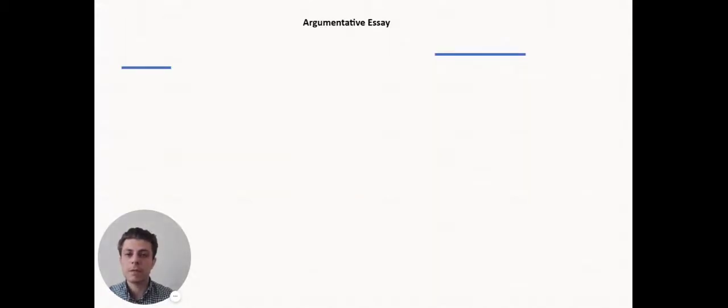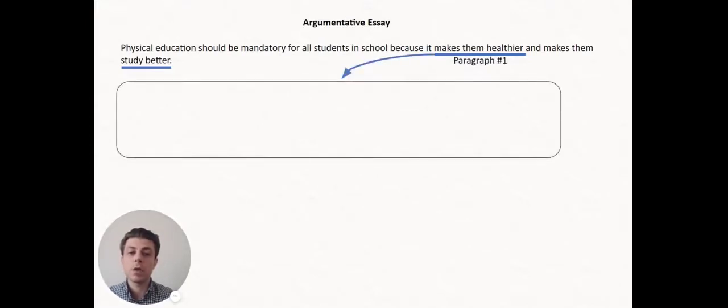To summarize, an argumentative essay first is going to have a main argument, or the author's stance. And in this stance, we have reasons supporting the opinion of the author. So for example, here we have 2 reasons. Physical education makes student healthier, which is going to be our paragraph 1.